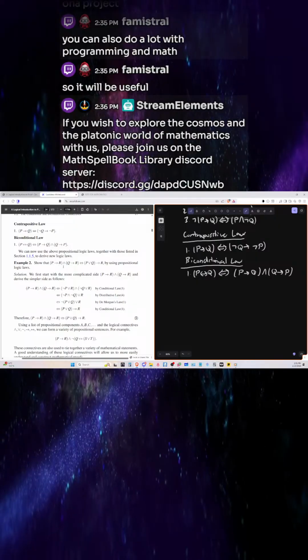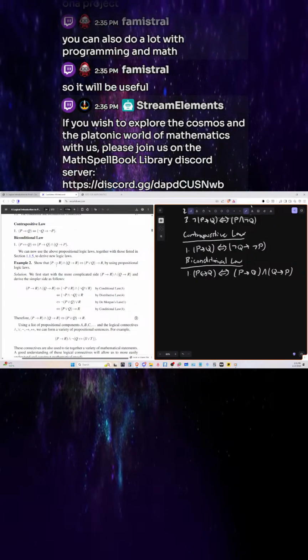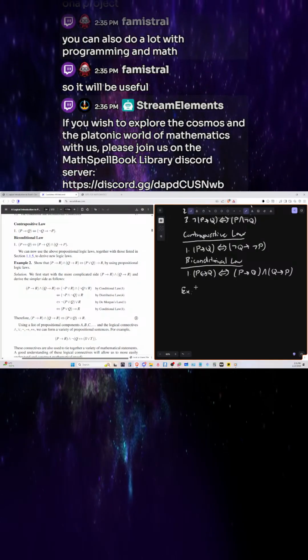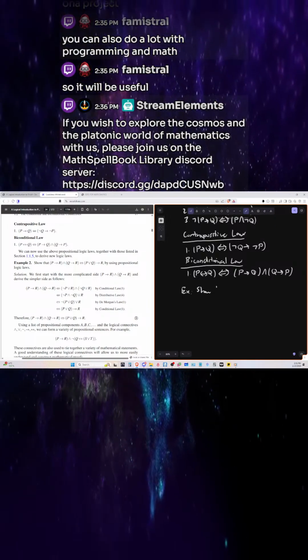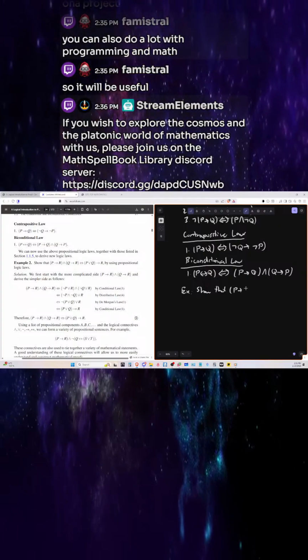Okay, show that. Let's have fun with this one. Let's actually try something, because we haven't done any problems yet. I mean, we did some truth tables, but now let's see if we can engage with the material.